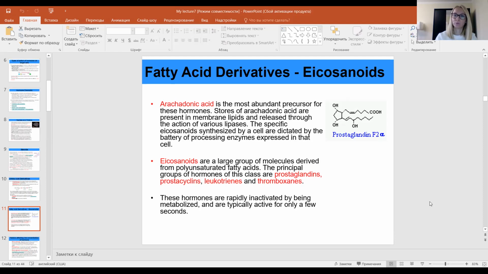Eicosanoids are a large group of molecules derived from polyunsaturated fatty acids. The principal groups are prostaglandins, prostacyclins, leukotrienes, and thromboxanes. These hormones are rapidly inactivated by being metabolized and are typically active for only a few seconds.